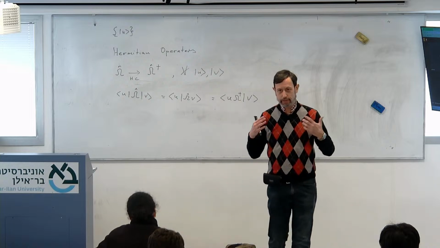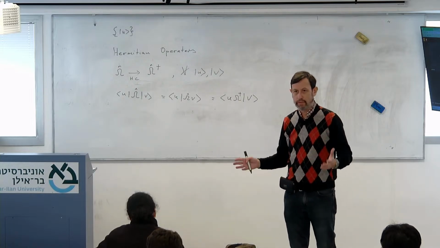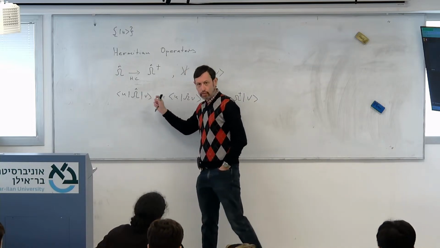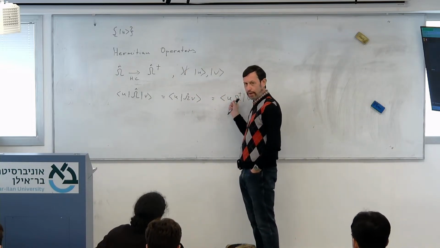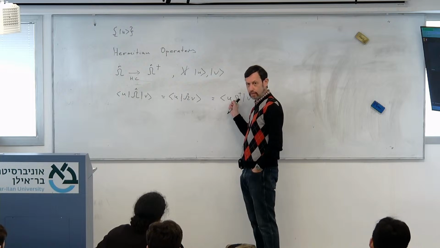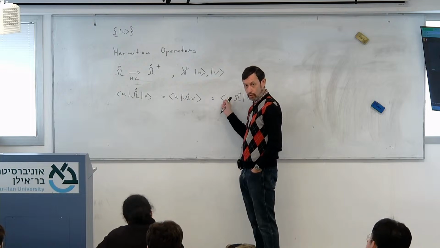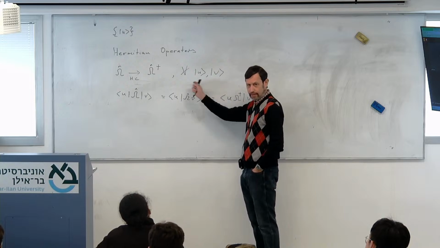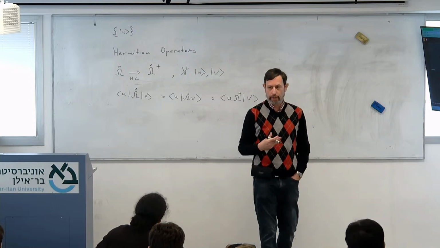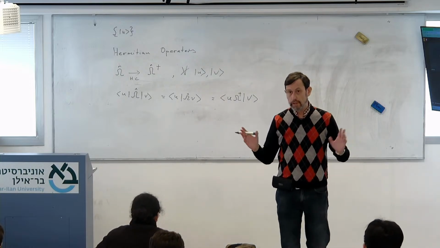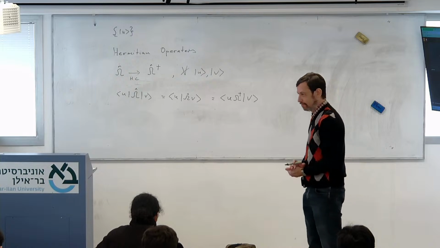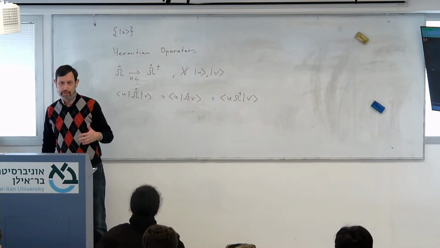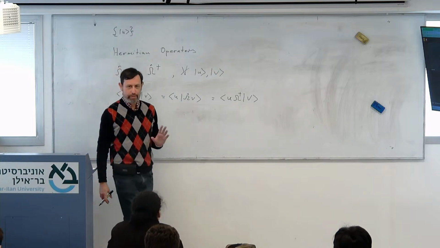If for each pair of vectors u and v, using operator omega on v is equivalent to using operator omega dagger, the Hermitian conjugate, on u, then omega dagger is the Hermitian conjugate of omega. A definition. Why is that useful? A bit of patience.